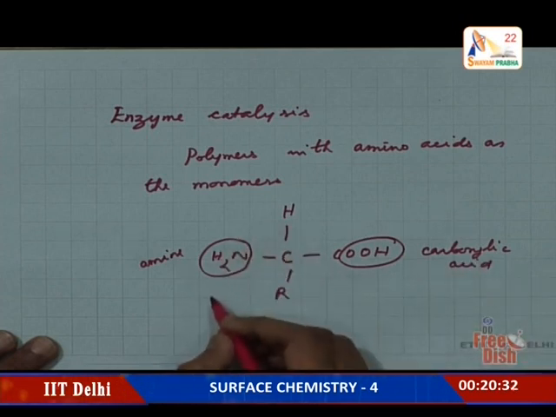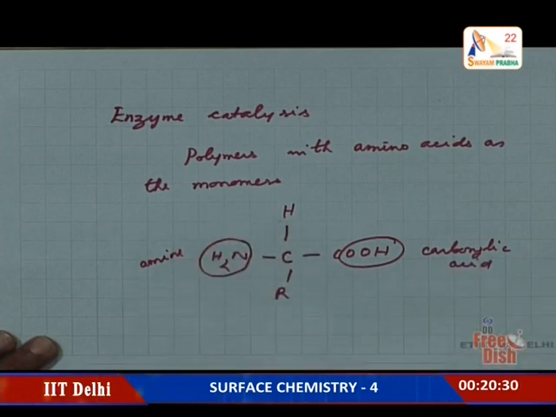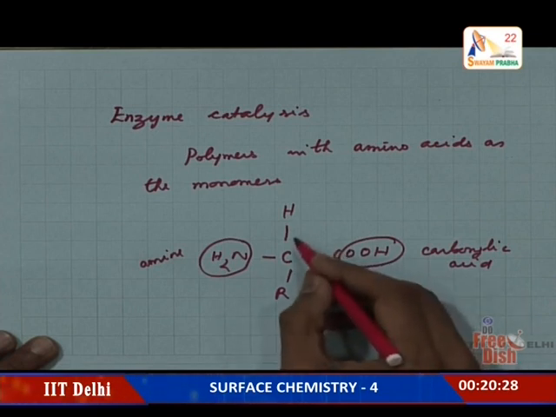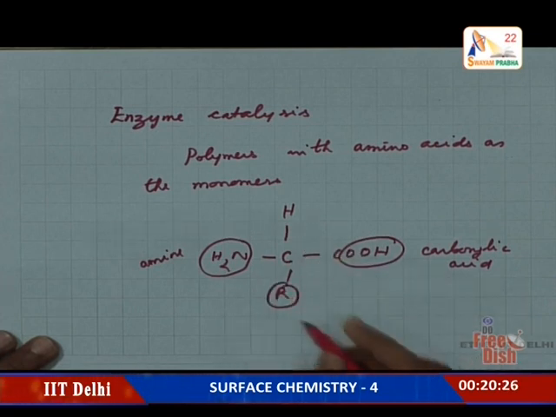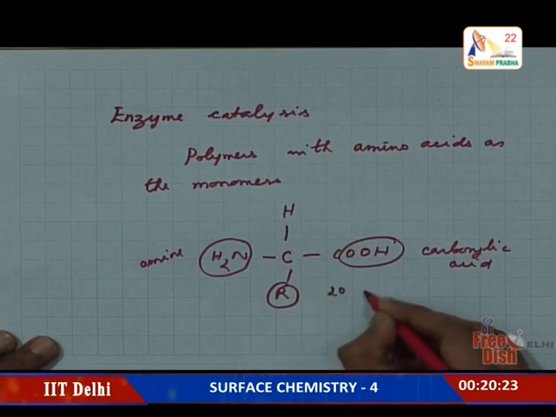So, this is a particular class of amino acids that we are looking at, and these R's can be 20 in nature.